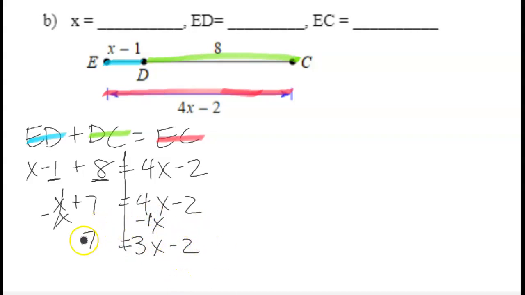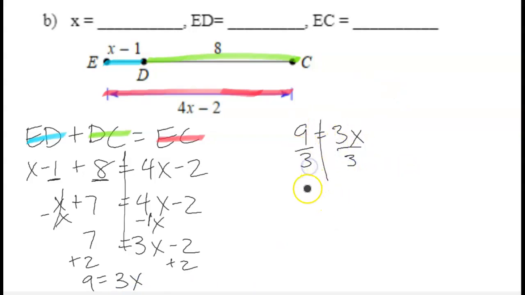Now working on getting my numbers to the opposite side, I'm going to add 2. And I get 9 equals 3x. Finally, I'm going to divide, and I get 3 equals x, or x equals 3.